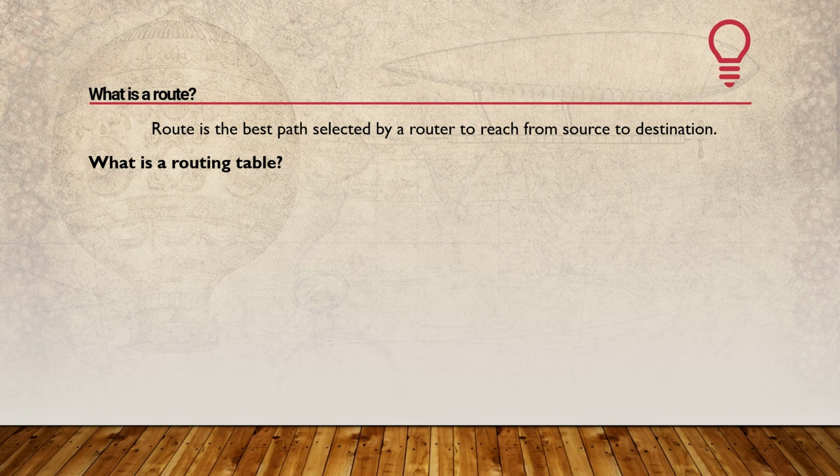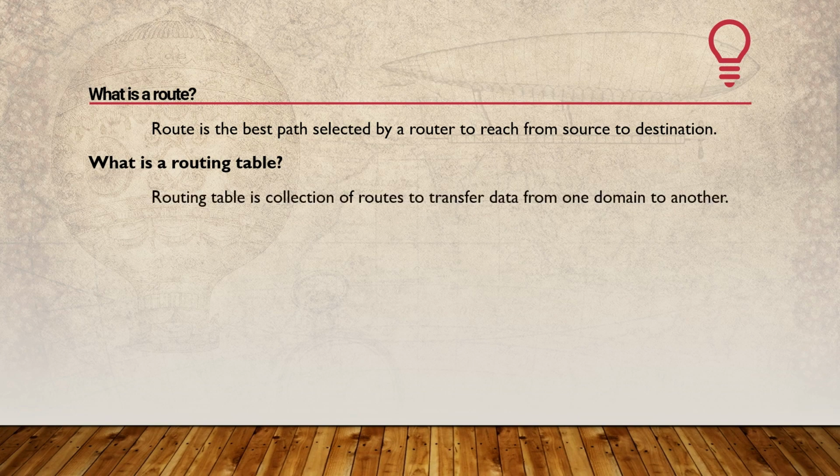In the same way, from source to destination, when a packet reaches a router, the router will have information about the destination, how to reach this destination, and via which path. That information we call a routing table. The router will have details of a collection of routes to transfer data from one network to another network, or one broadcast domain to another broadcast domain. That we call a routing table.